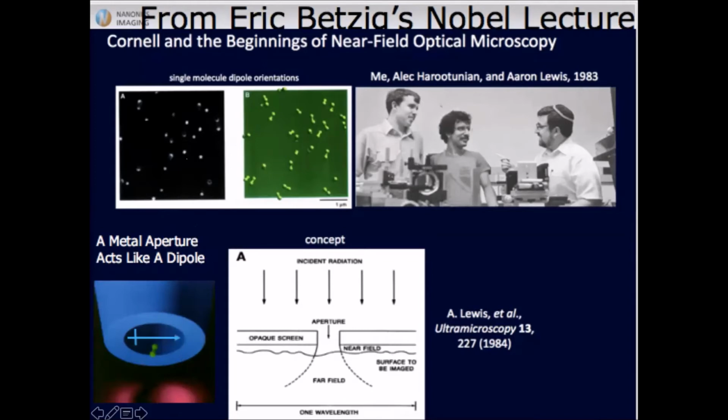So as the molecules interacted with the radiation coming from one dipole and entering into another dipole, okay, you can see that the molecules which were separated from one another, there's no super resolution here, okay, had different intensities of emission, because it depended on the interaction of the dipole of the probe with the dipole of the molecule. The dipole of the molecule could be over 360 degrees relative to the dipole of the probe. And from that, he was able to calculate the orientation of the different molecules that he was seeing.